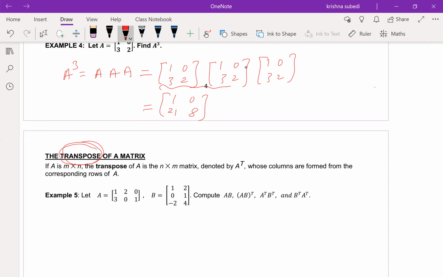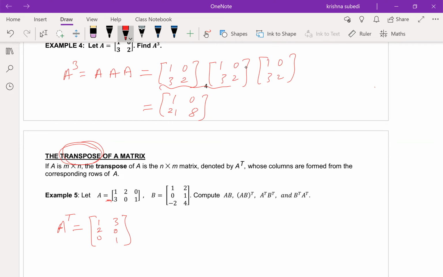That is called transpose, and we represent it by this. In this case, A transpose will be: you see the horizontal one, you make it vertical. Horizontal 1, 0, make it vertical 1, 0. You switch the row into a column. The horizontal 3, 0, 1, make it vertical, so 3, 0, 1. That is called transpose.